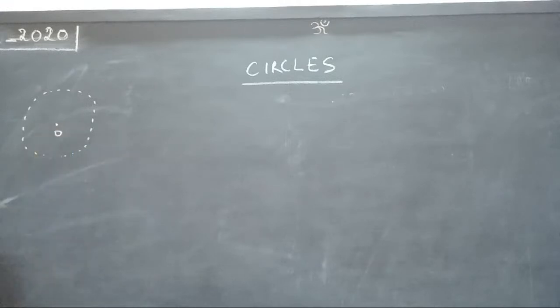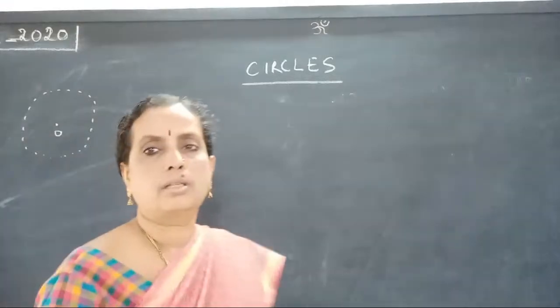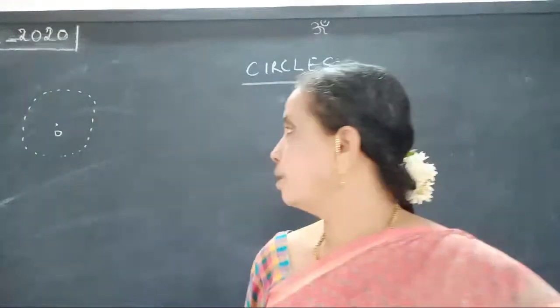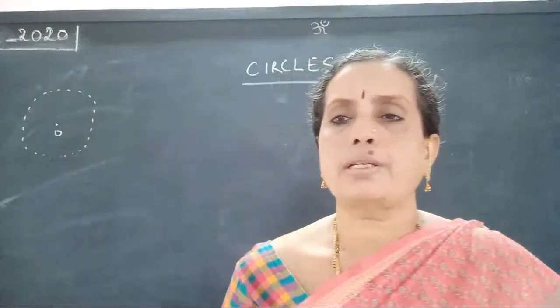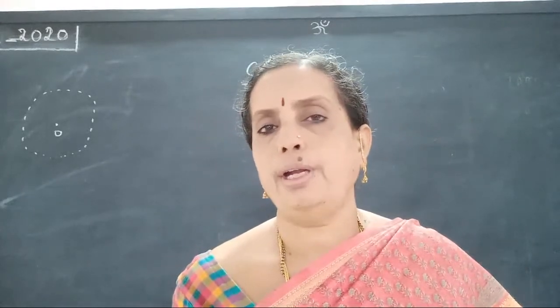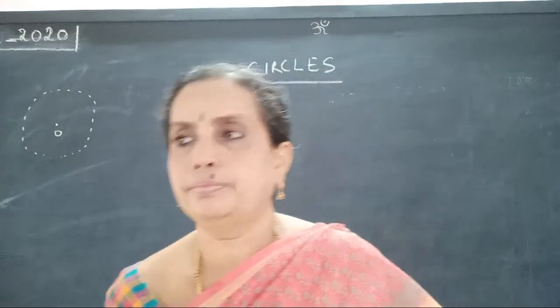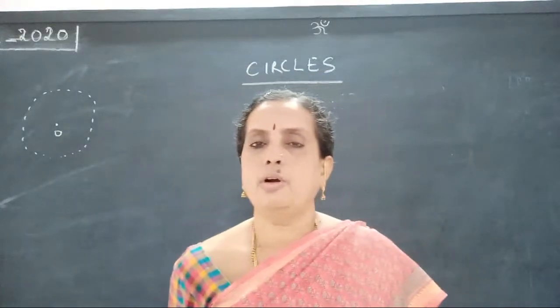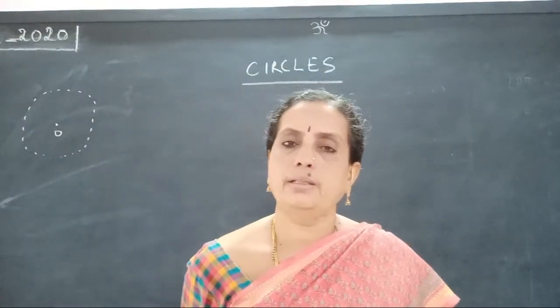What do we call this fixed point? A circle is a set of points which are equidistant from a fixed point. What do we call the fixed point? You might know that.